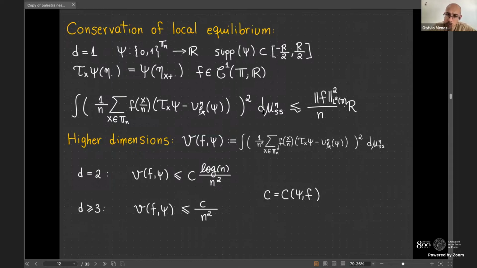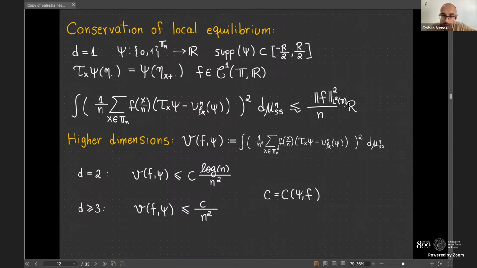The variance is of order 1/n in dimension 1, and you get the size of the support. And the size of the support is important to have for the second corollary of the entropy bound, because how far can you push it?